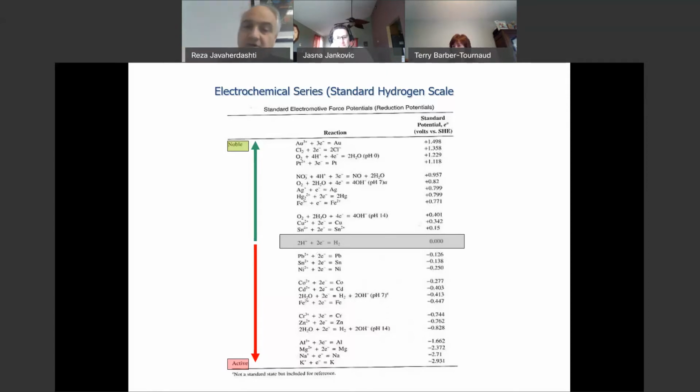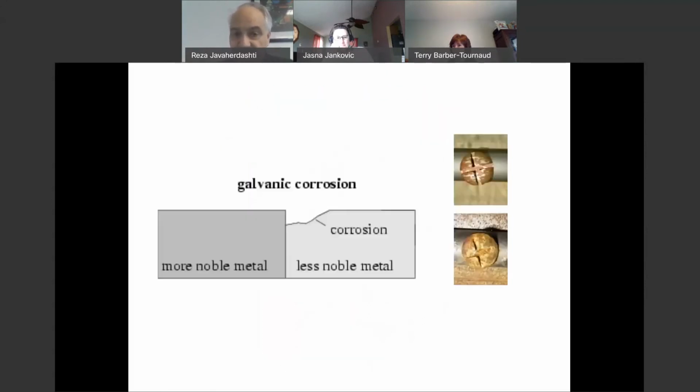You can continue with such an electrochemical series scale and see how it goes.